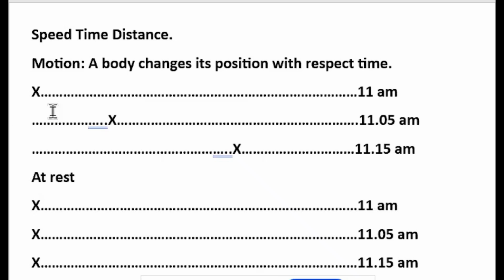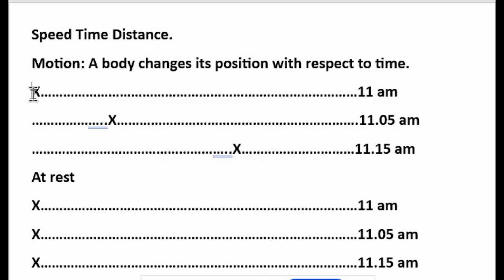But here the body is changing the position. 11 o'clock, this position. After 5 minutes, another position. After 10 minutes, another position. So a body changes its position with respect to time, then it is motion.